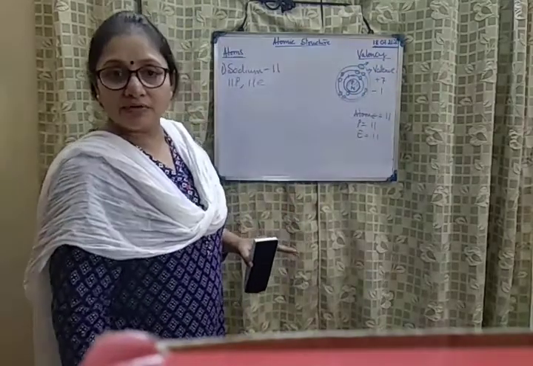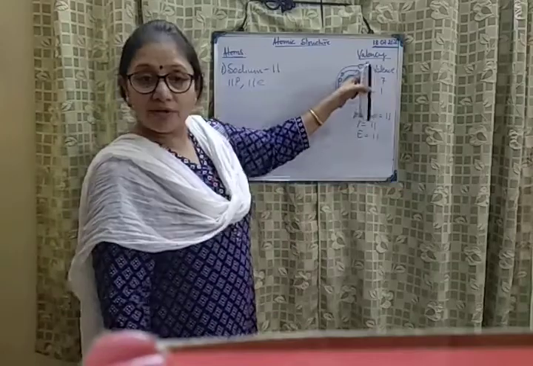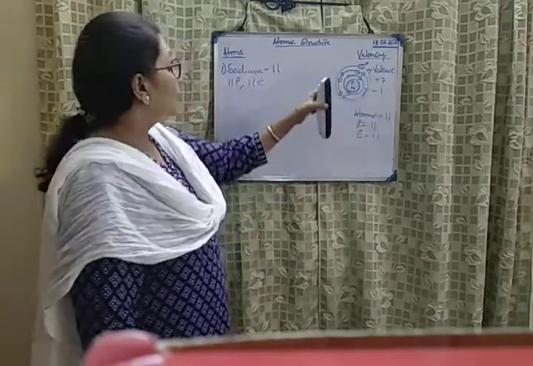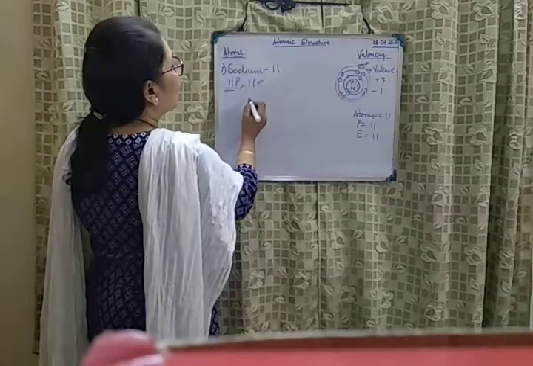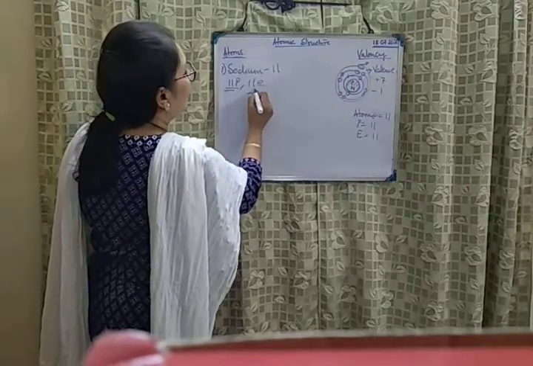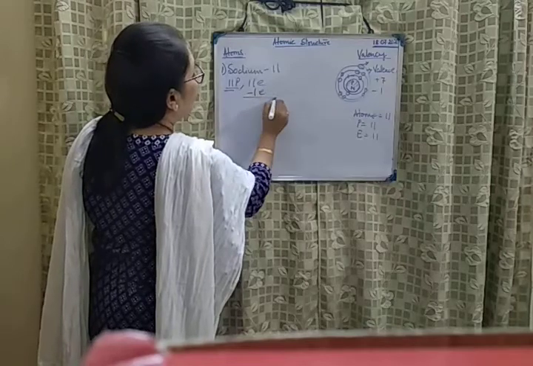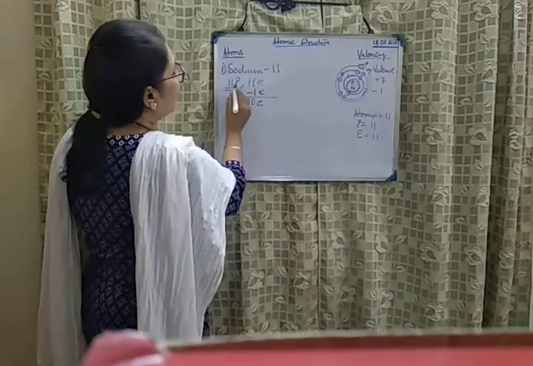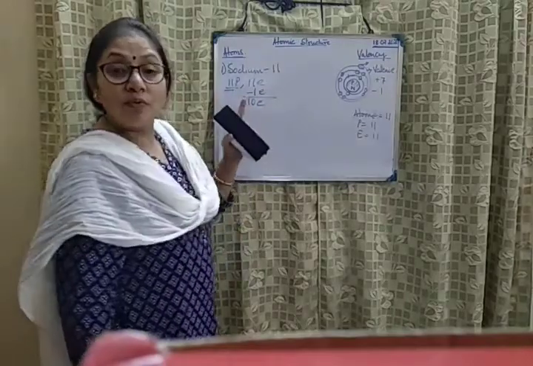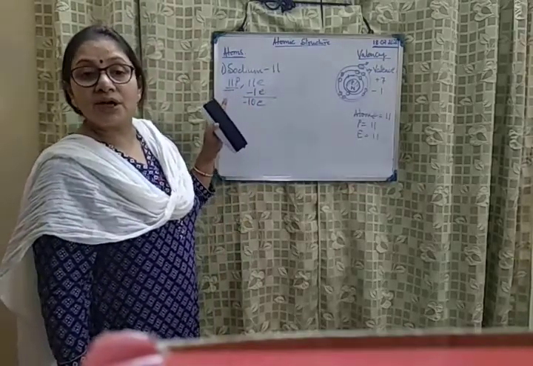It can donate this 1. So it is easier for this element to donate the 1. So from its 11 protons, this remains constant in the nucleus. But from 11 electrons, it is giving up 1 electron. So this becomes 10. So 11 minus 10, we are getting 1 extra positive charged particle.